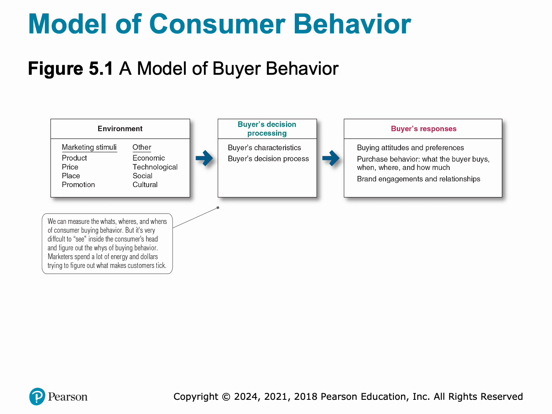So the 5.1, so when we look at this model of buying behavior, just spend some time looking at it. It's very important that you understand it. The environment, the buyer's decision process, and the buyer's response.